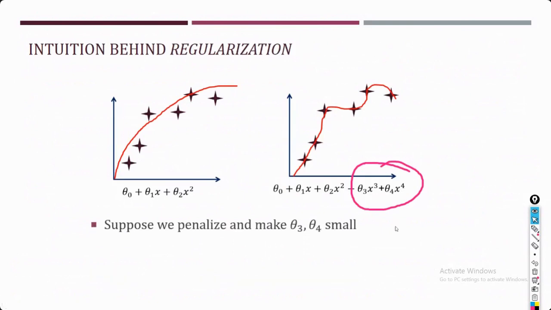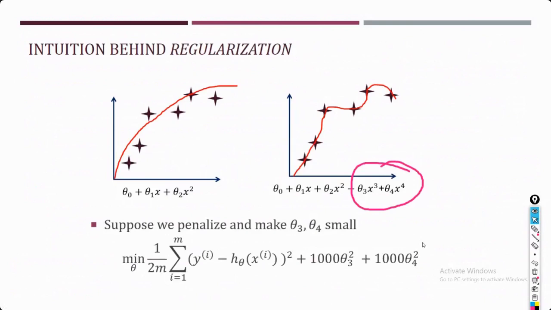I'm going to penalize this theta 3 and theta 4. If I'm going to penalize it, somehow I am going to reduce the contribution of these features in my model. If I'm reducing the contribution of these features in my model, it's moving towards a simpler one. Like suppose this is the feature value, and if I want to minimize this whole equation, I need to set this theta to a very small value. Then only we can assure that this is your minimum.